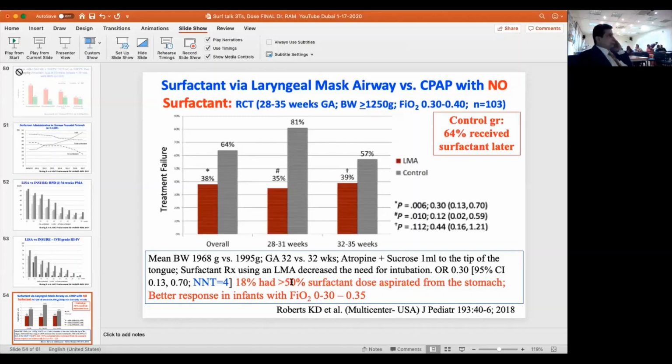They found 18% of the babies had more than 50 mL of surfactant dose aspirated from the stomach. So even with the LMA technique, you are not going to deliver all the surfactant into the trachea. Some of it can be in the stomach. Again, they found better response in babies where surfactant was given when the FiO2 was less than 0.35. So they had babies with FiO2 up to 0.4. So clearly, early surfactant is better than late surfactant.